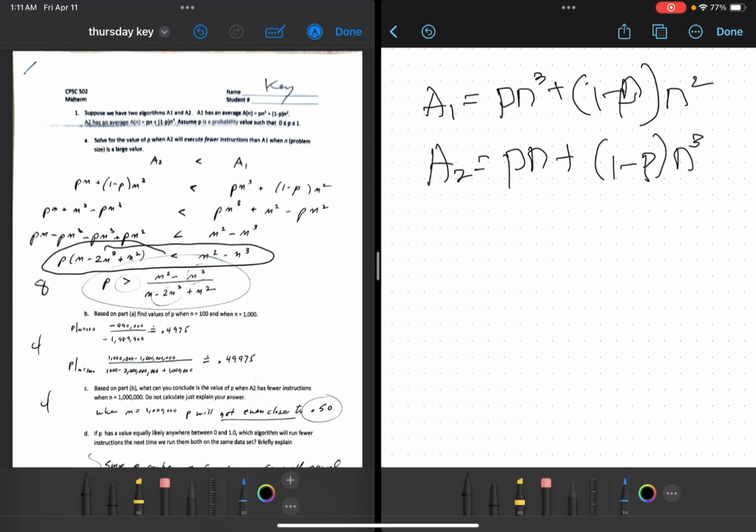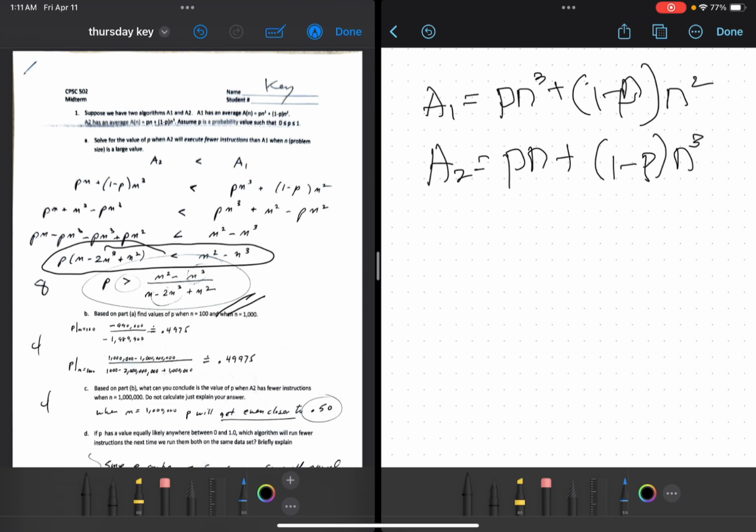Here we are subtracting the larger term from the smaller term, and on the left side too we have the negative sign for n cube, which is the highest term. So both of them are going into negatives, and whenever there is an inequality and both sides have negatives in them, the inequality switches. Whatever was less than until now becomes a greater than symbol. So p is greater than (n square minus n cube) divided by (n minus 2n cube plus n square). From there we are going to continue.